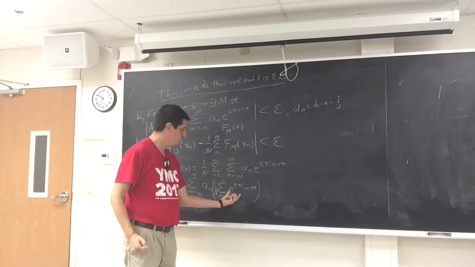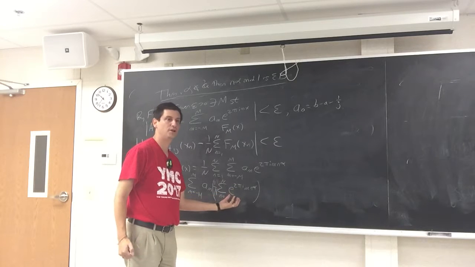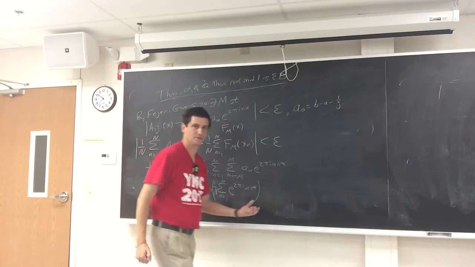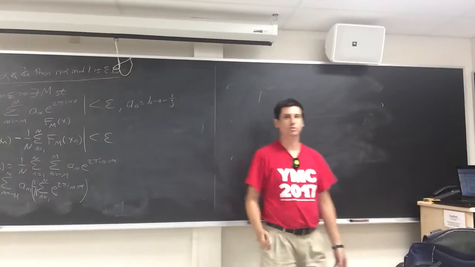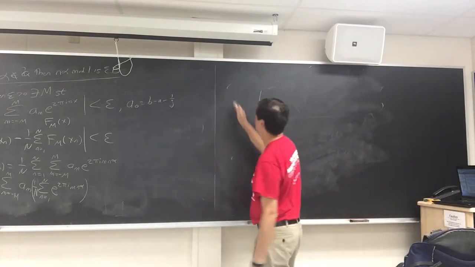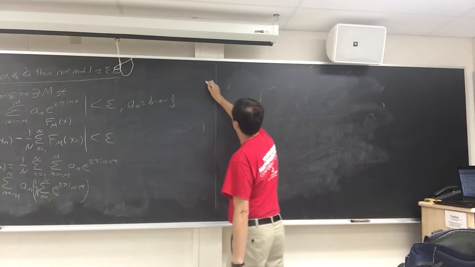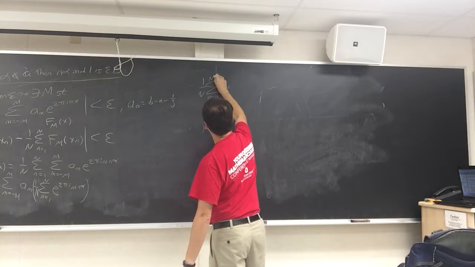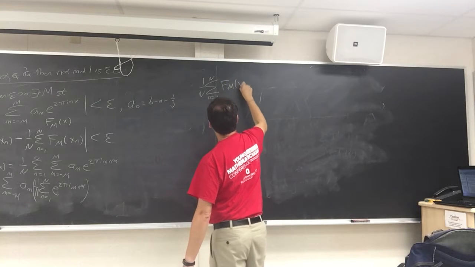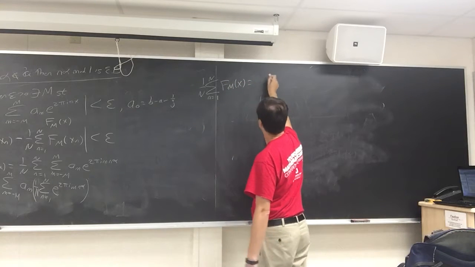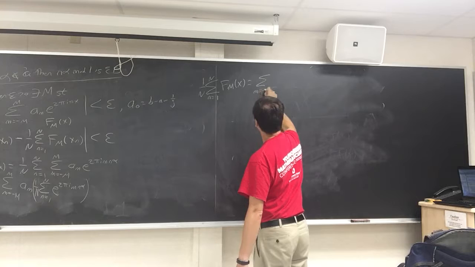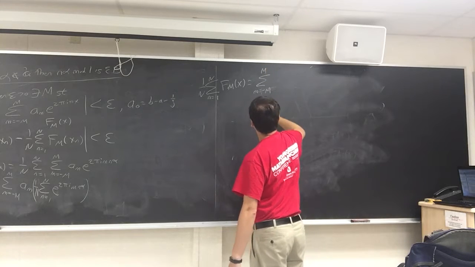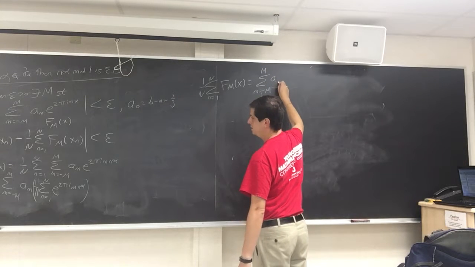So this sum is equal to 1 if m equals 0, and it's something small otherwise. That was what we proved earlier when we looked at these pure exponentials. So we get that 1 over N, the sum n goes from 1 to N of f_M of x is equal to the sum m goes from minus big M to big M of A_0.